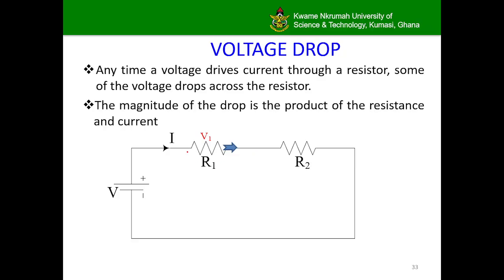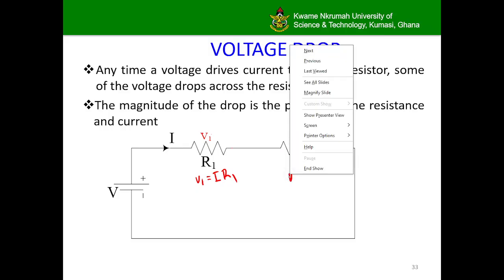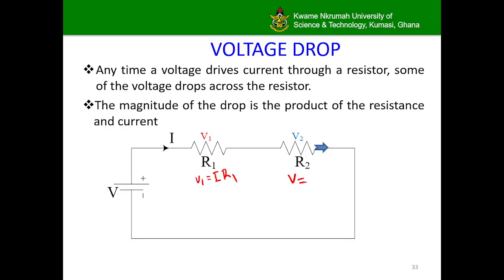And so for this circuit, when I passes through R1, a voltage V1 is dropped, and the voltage V1 is simply the product of the current passing through R1 times R1. Same applies for R2. When the current passes through R2, voltage V2 is dropped, and the voltage V2 is simply the product of I, which is the current passing through R2, times the resistance R2.